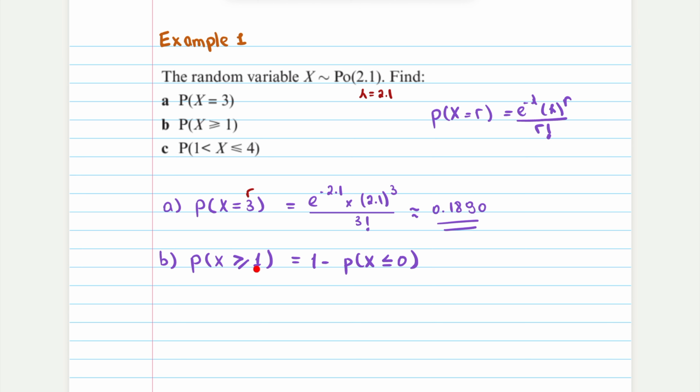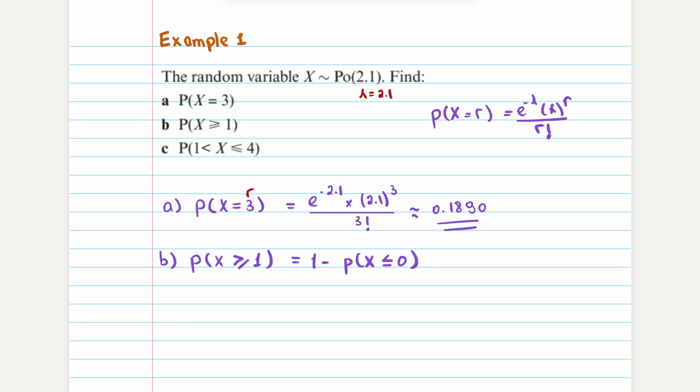So you basically minus it from 1, and that gives us the probability of x being greater than or equal to 1.